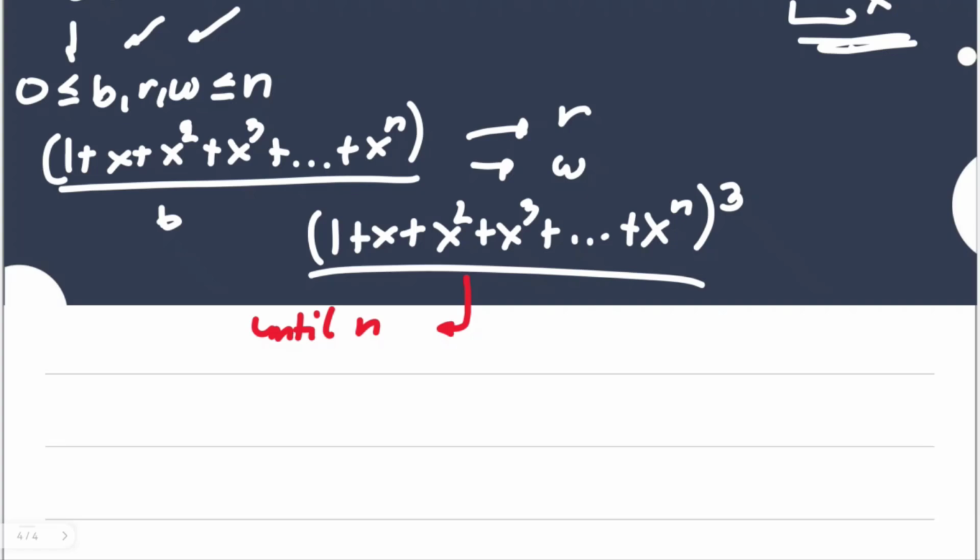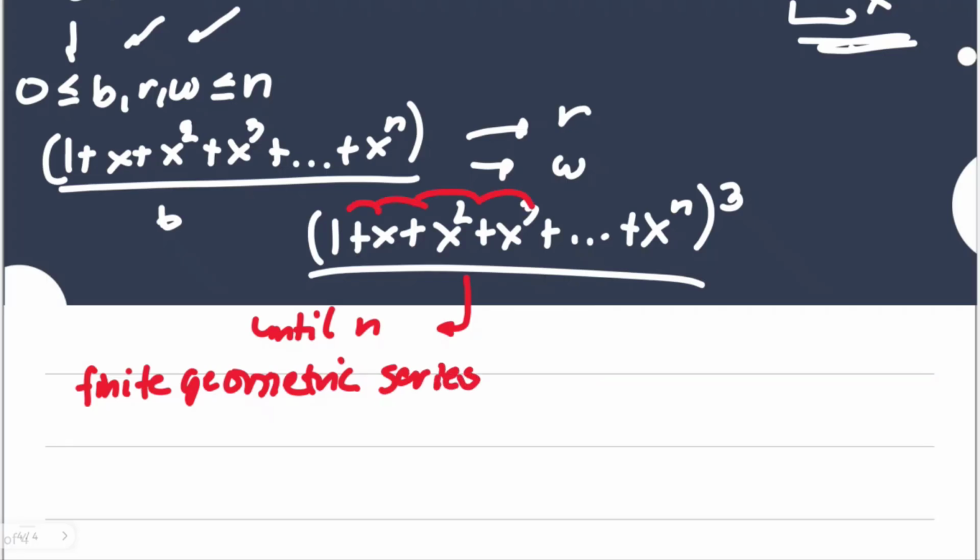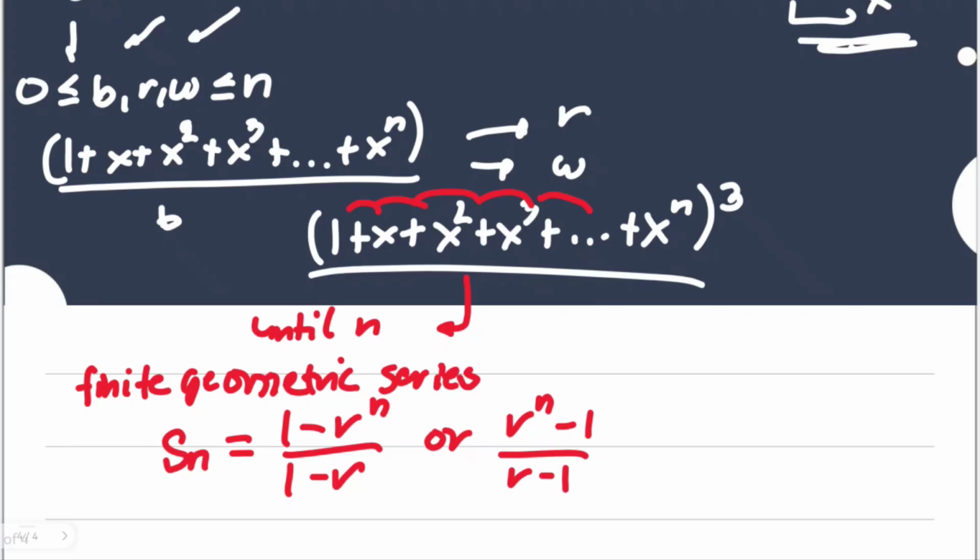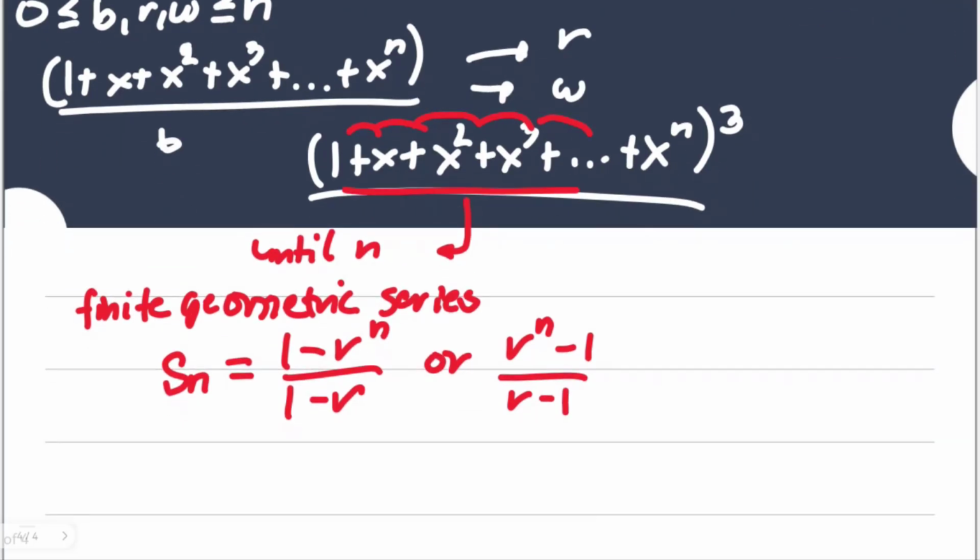But this is actually an example of a finite geometric series, where you can see that there is a common ratio from term to term, and that's x. And the formula for the sum of a geometric series of n terms is 1 minus r to the power of n over 1 minus r, or r to the power of n minus 1 over r minus 1. So what needs to be done next is to simplify it in this form.